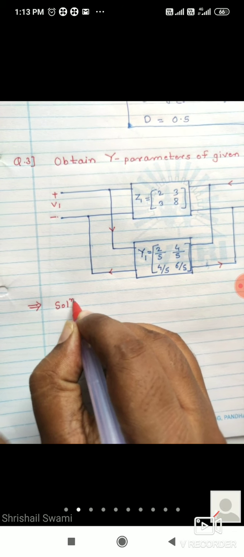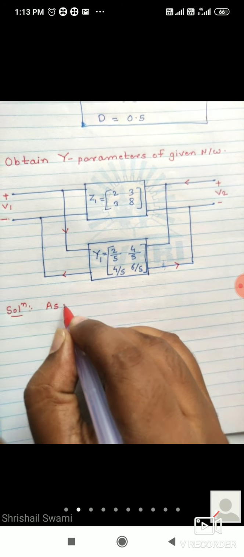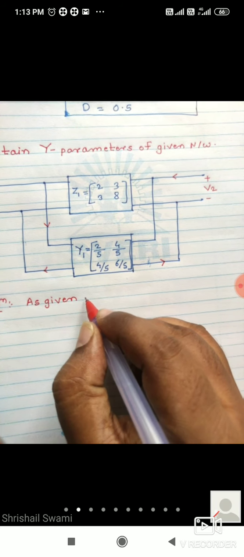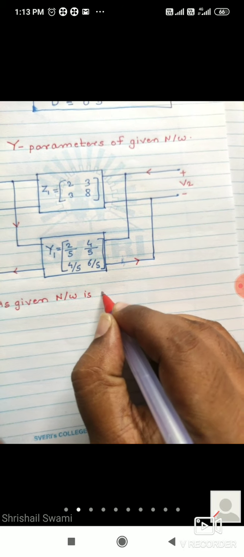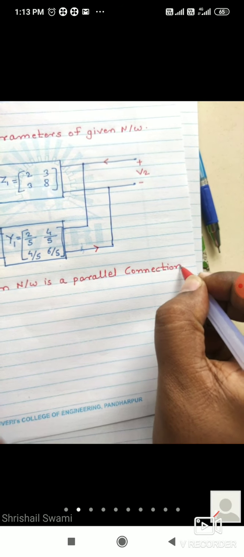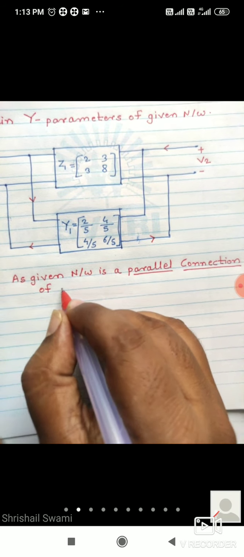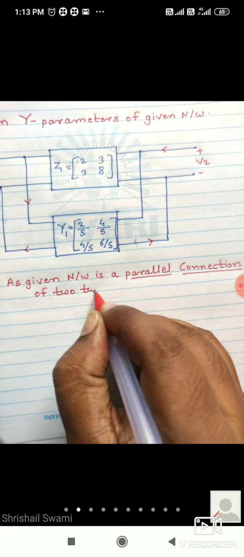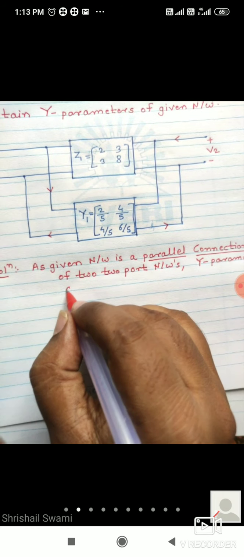So you have to start the solution like this. As the given network is a parallel connection of two-port networks, Y parameters are used. तुम्हाला ओळखता यायला पाहिजे.